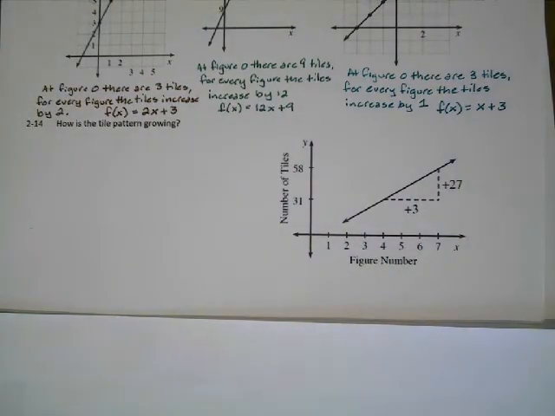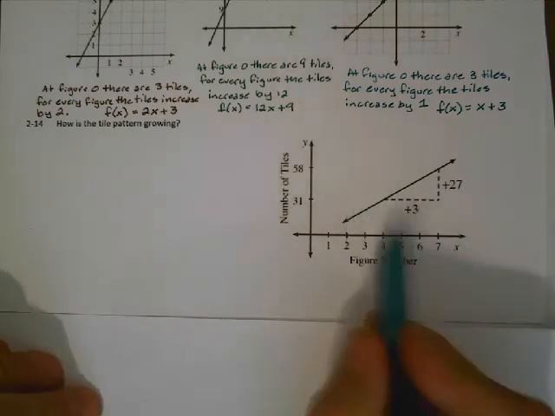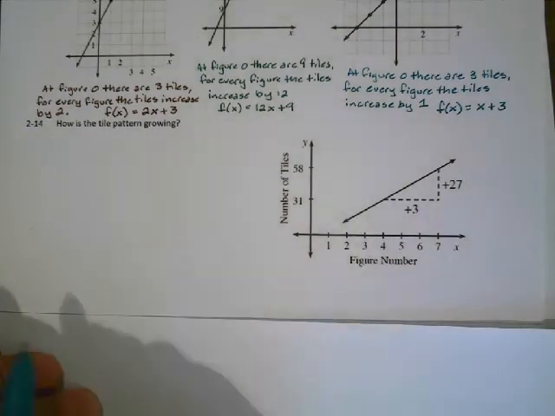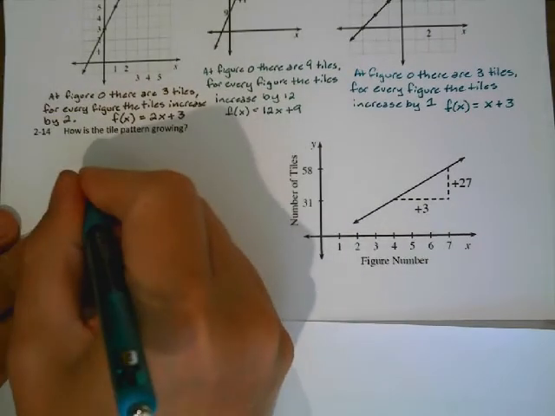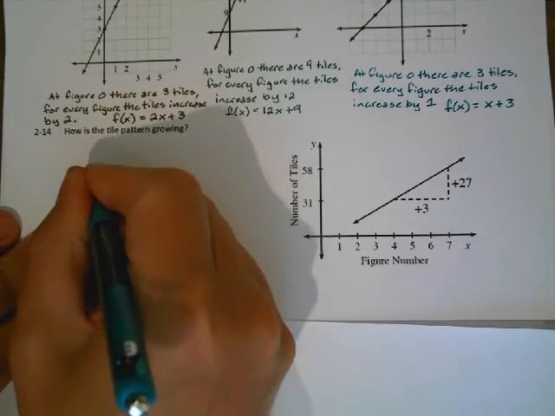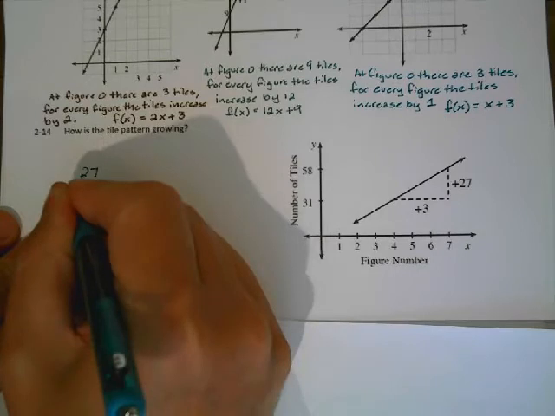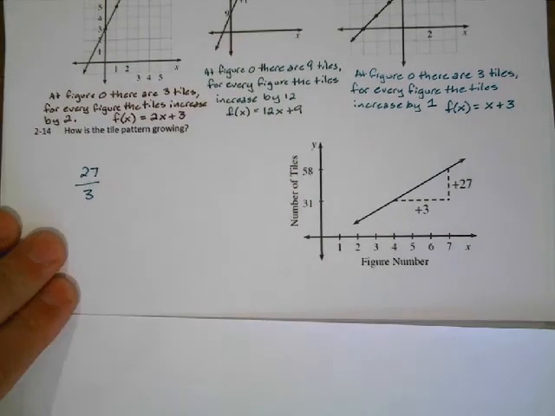So for this one, our question is, how is the line growing? How many tiles are added each time the figure number is increased by only 1? So I want to know, how much is it increasing by 1? Well, right now, I know that it increases by 27 for every 3 patterns, sorry.